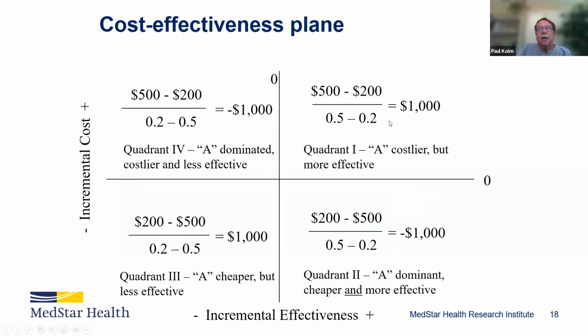So this is $1,000. And so it'd be cost effective. That is, it costs more, but it's more effective. And then quadrant 2 would be dominant. We would get a negative ICER, which we actually don't report negative ICERs. And then, for example, in quadrant 4 here, where it's more expensive, but less effective than the standard of care.